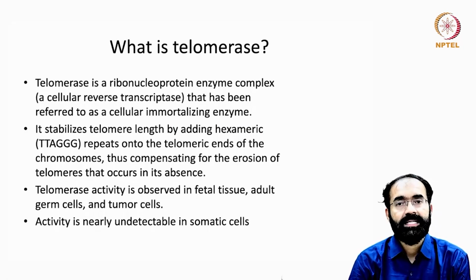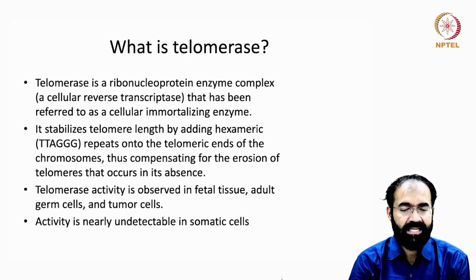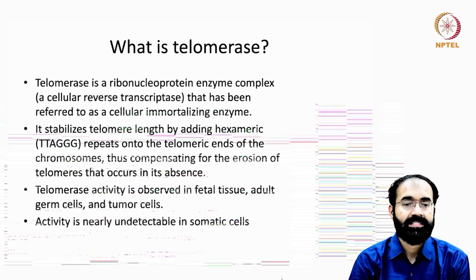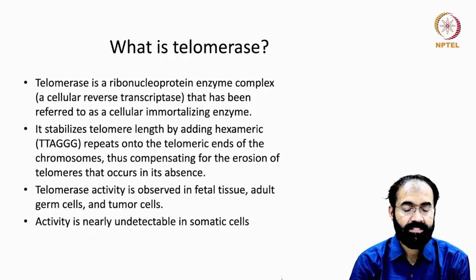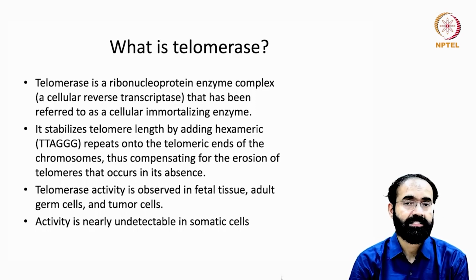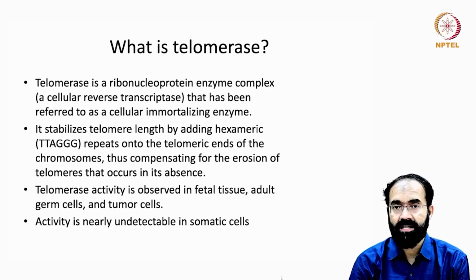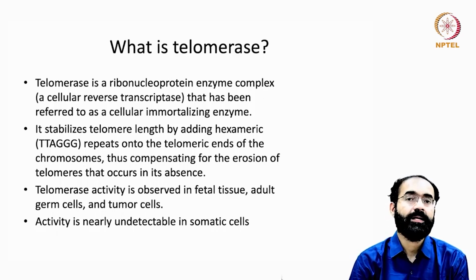So, telomerase is a ribonucleoprotein enzyme complex and it is a cellular reverse transcriptase. And remember, this is the one and only cellular reverse transcriptase we have in the human body. There is no other reverse transcriptase available. So that is why many viruses bring their own reverse transcriptase to convert their RNA genome to DNA, for example, HIV.